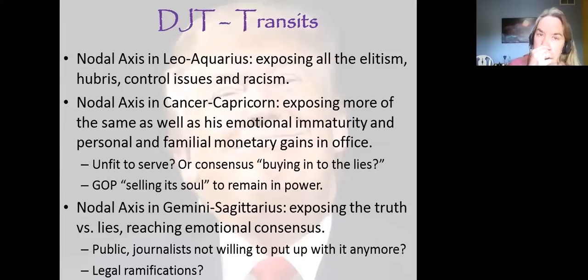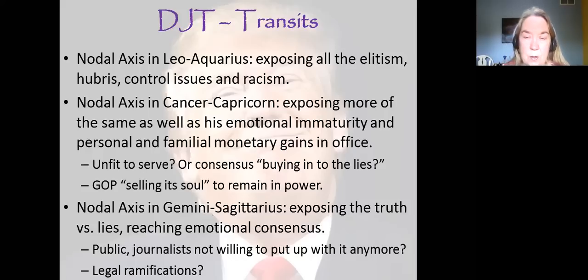I also included just some brief words. This is from another slide, and I thought, this is so what's going on with these planets and the nodal axis in Cancer-Capricorn. We are already through with Leo-Aquarius, exposing all the elitism, hubris, control issues, racism, and of course those who put their heads in the sand and just blindly follow him because they have the same beliefs. Cancer-Capricorn is starting to expose that emotional immaturity and showing everything that he and his family have done for personal monetary gains before they were in office, while they were in office.